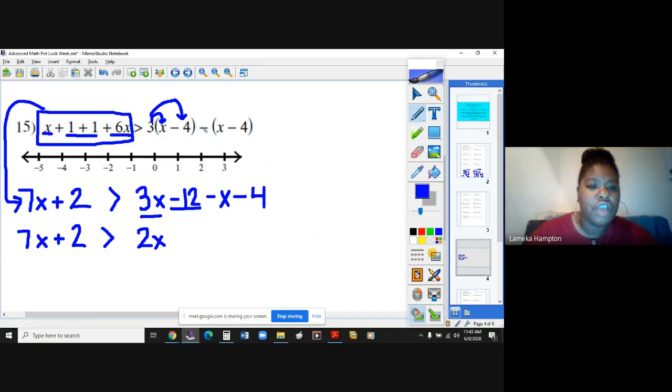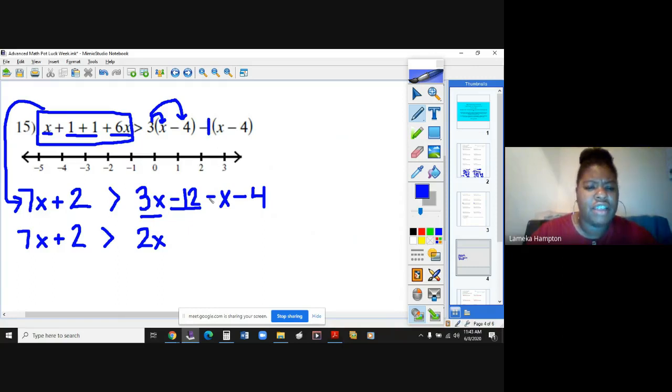What I'm going to do now is I want to focus on this minus x minus 4. So again, you want to make sure that you understand how the distributive property works. To get rid of these parentheses, I'm simply just going to put a -1 in front of there. You don't necessarily have to do that.